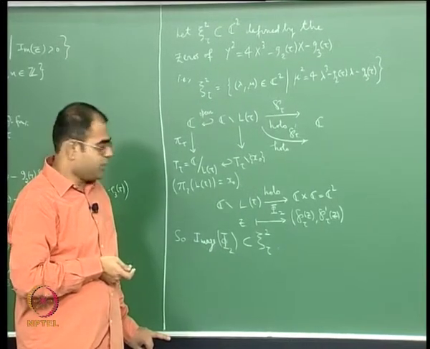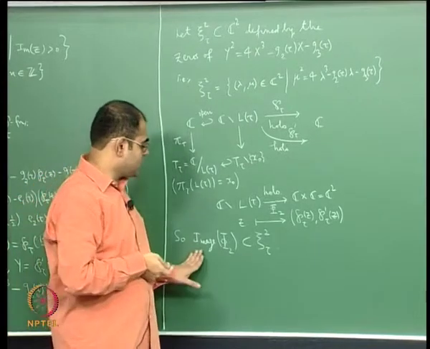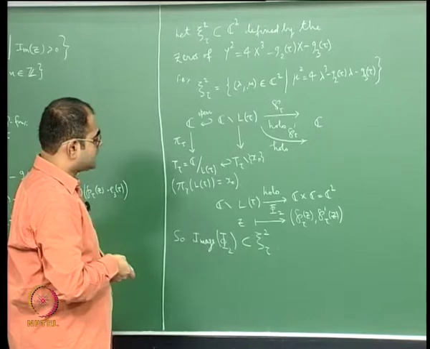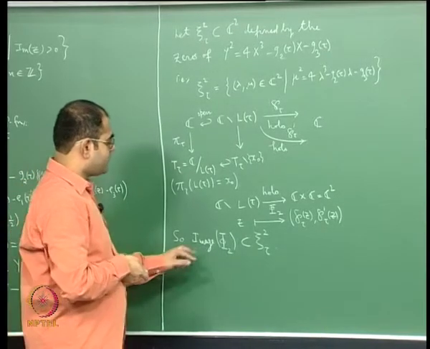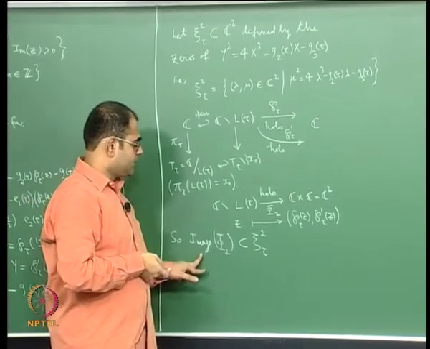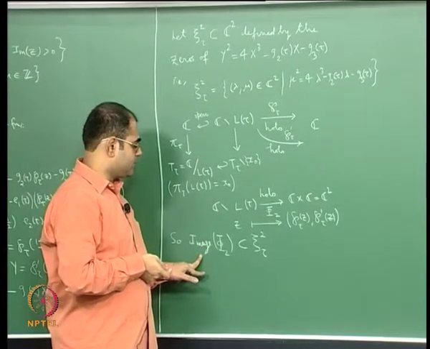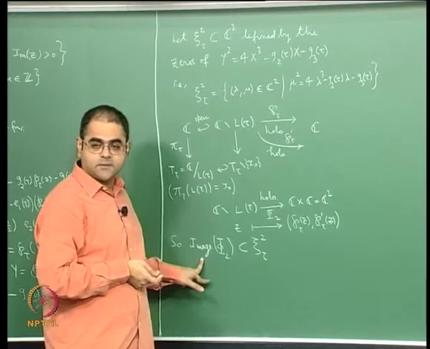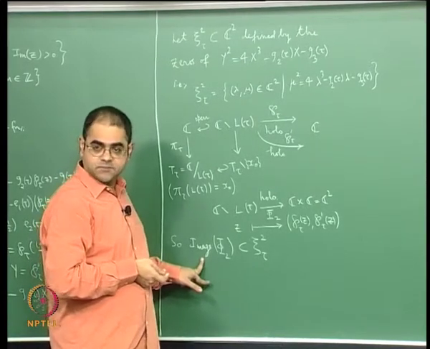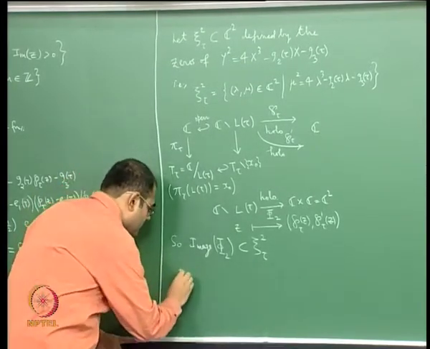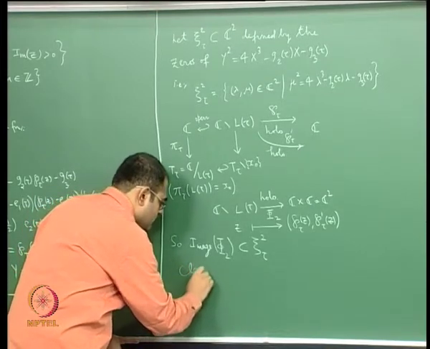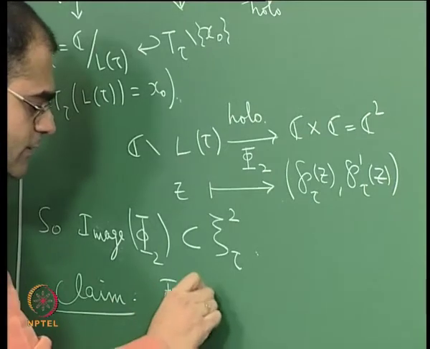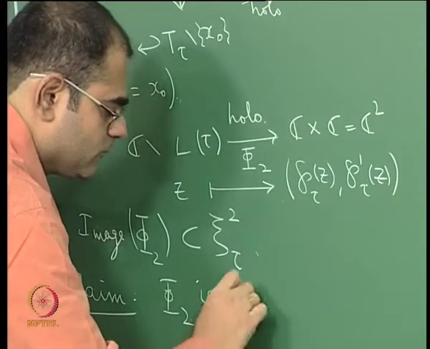Okay, so first and foremost this is an open map, alright, and secondly I'll show that this map is both injective as well as surjective. Okay, so the claim is phi 2 is bijective.